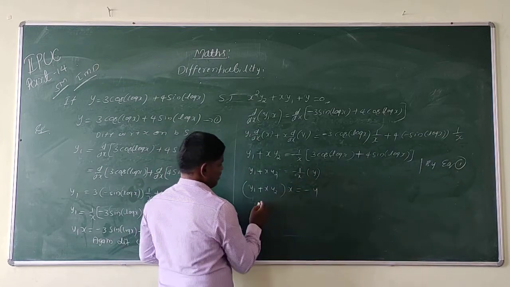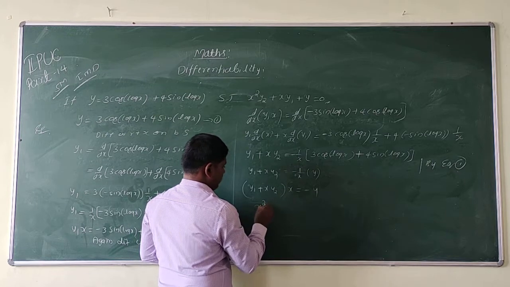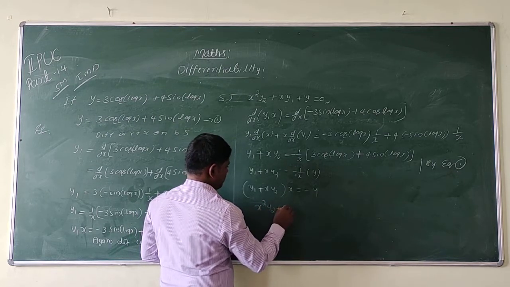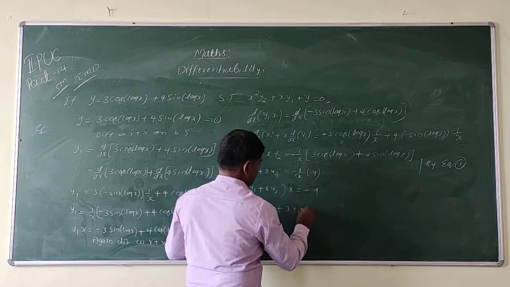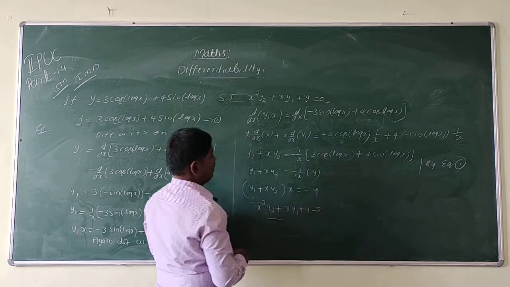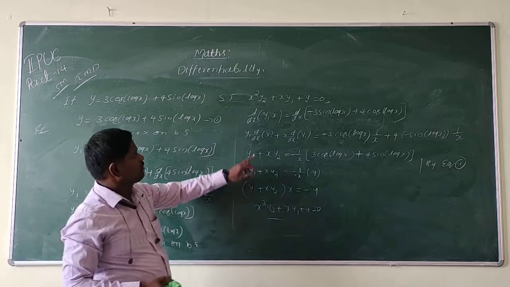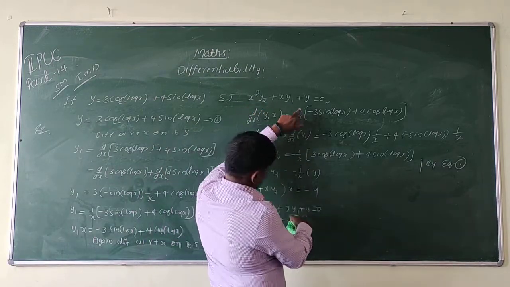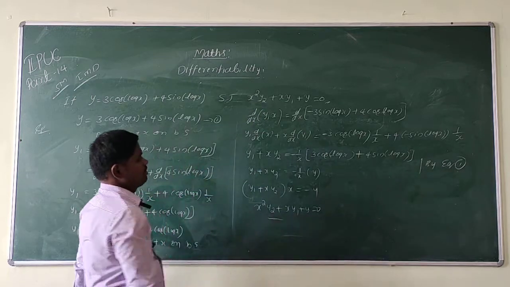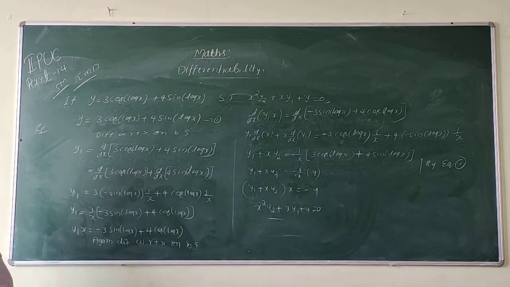If you multiply this, what we get? x square into y2 plus x into y1 plus y is equal to 0. So this is what we are showing, that is x square y2 plus x y1 plus y is equal to 0. So this is the required result.